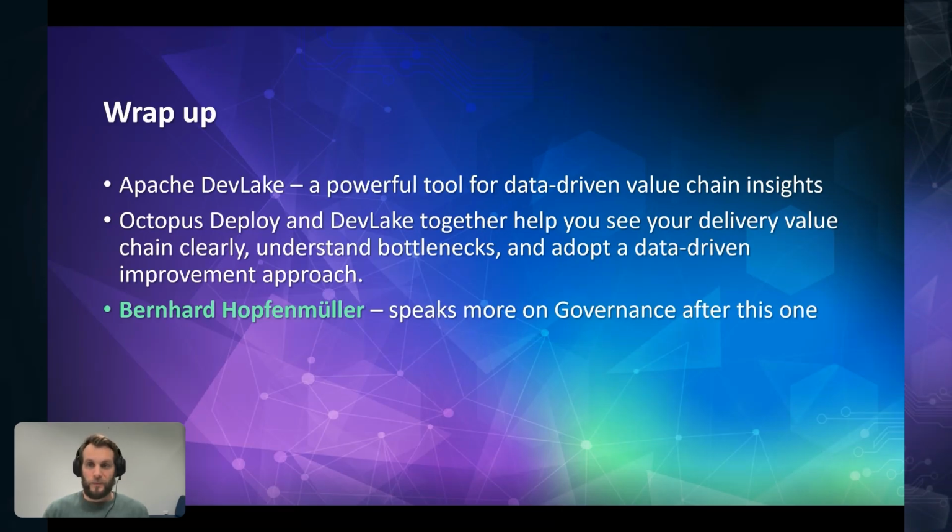Of course, the missing part when we have Octopus Deploy as our continuous deployment tool is that we miss that deployment part from Octopus. And Octopus and DevLake together help you to see that value. So when we integrate Octopus Deploy with webhooks, we are understanding that value chain more clearly.